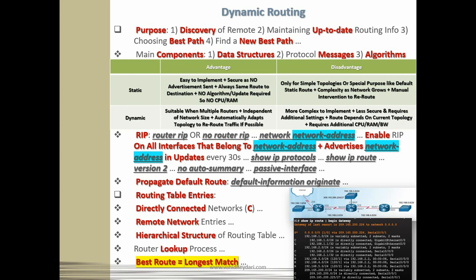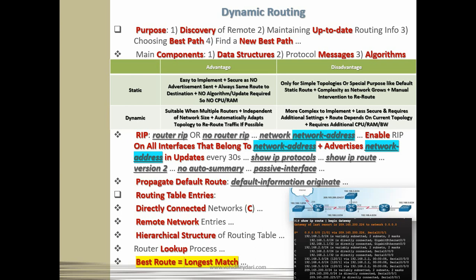Also bear in mind that the best route is always the longest match. So if we have more than one entry in the routing table matching the destination IP address of the packet, the tie-breaking criterion is the longest match. So the best route is always the longest match, meaning that the best match is the route in the routing table that has the most number of far left matching bits with the destination IPv4 address of the packet.